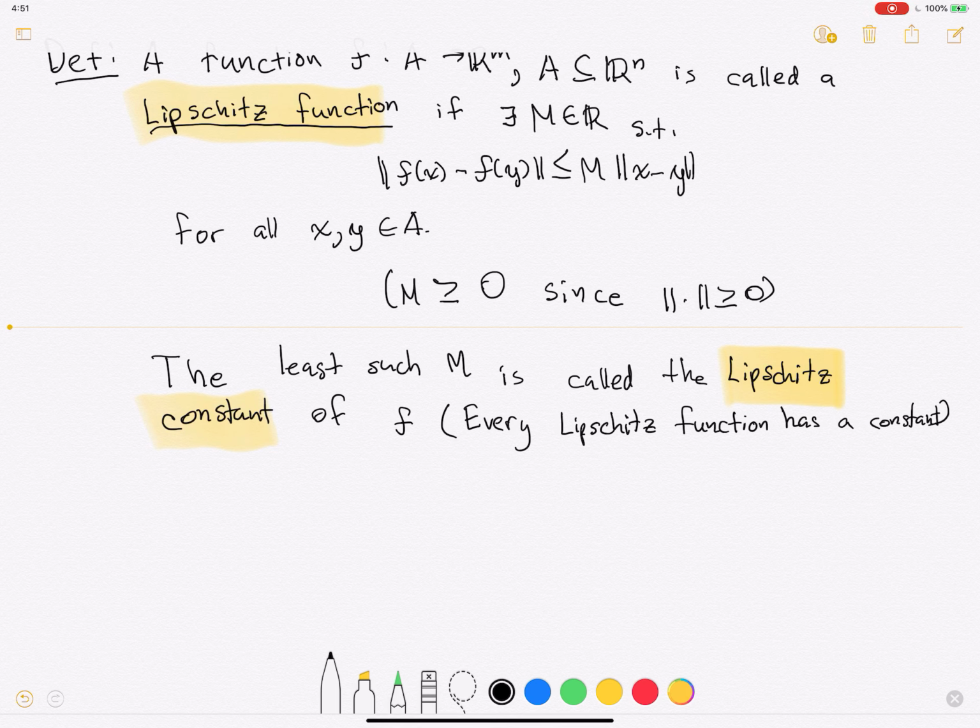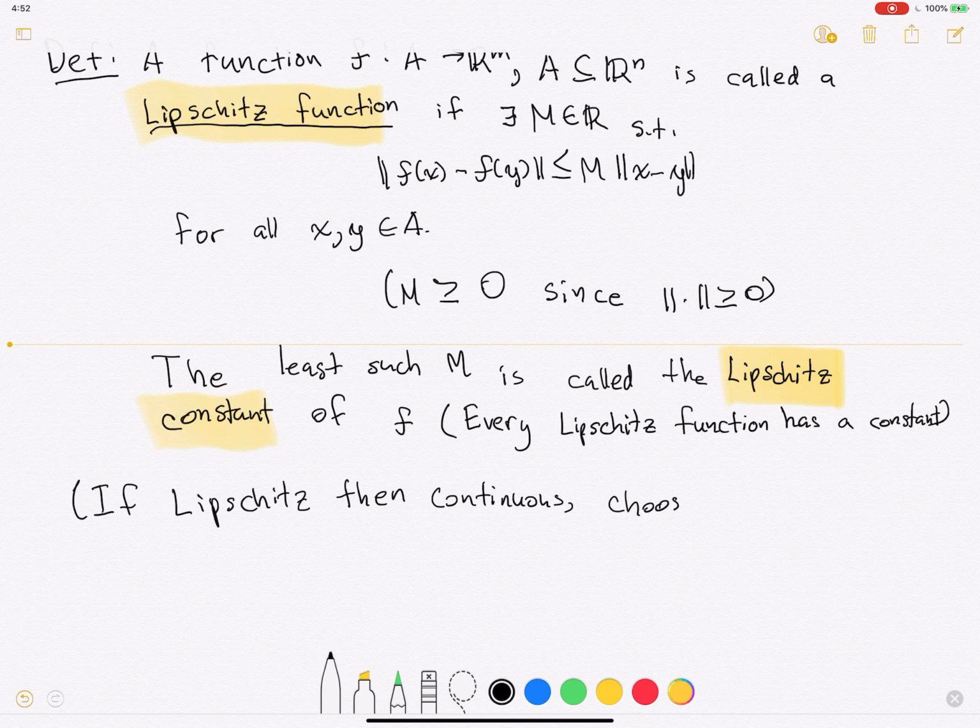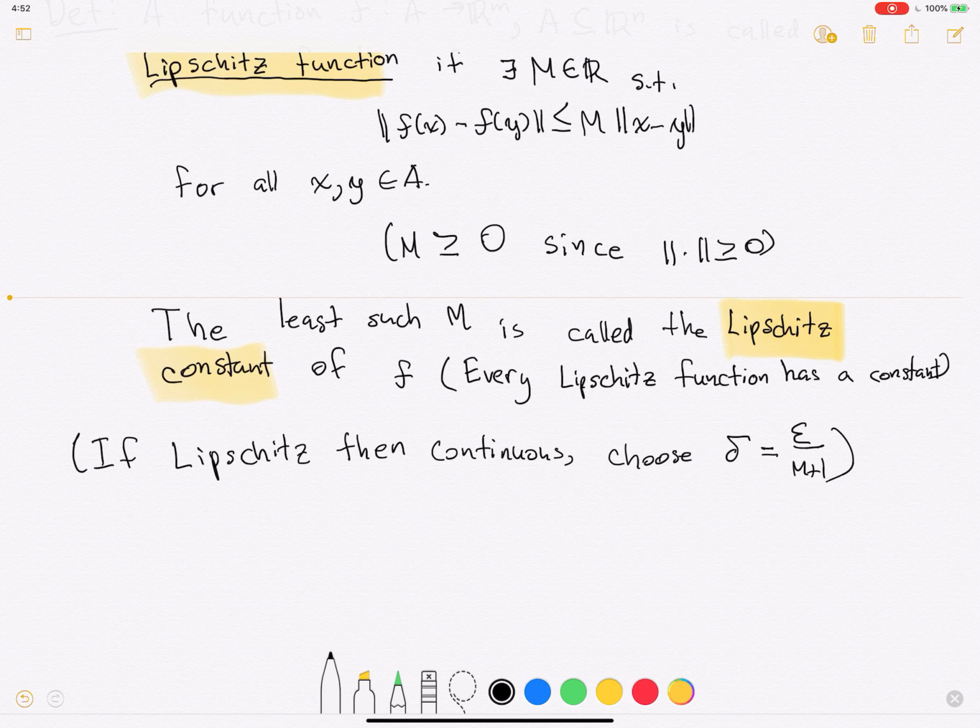Now, if you want to show continuity, you can just do this little trick. So all Lipschitz functions are continuous. We can sum that up by saying if Lipschitz, then continuous. If we just choose delta equals epsilon over m plus 1, you can work that out yourself, but it will work with every Lipschitz function.